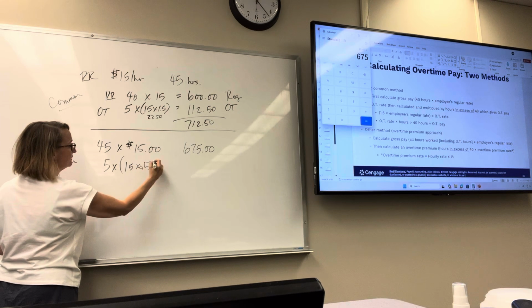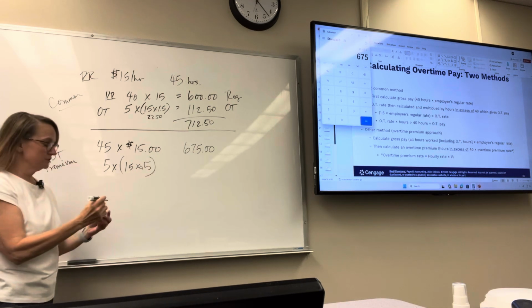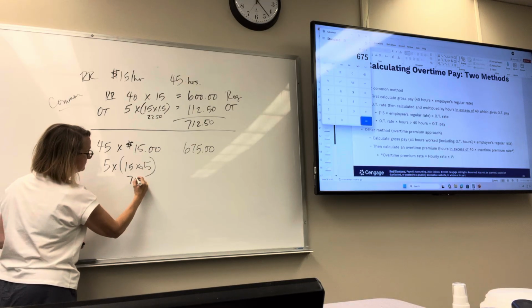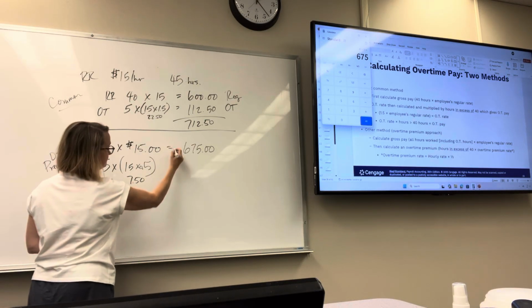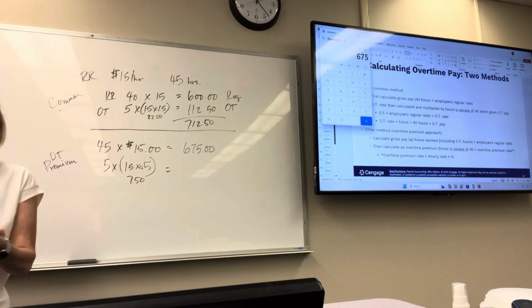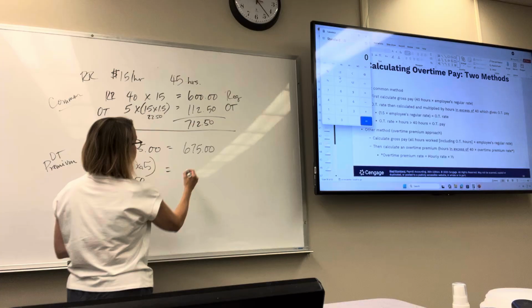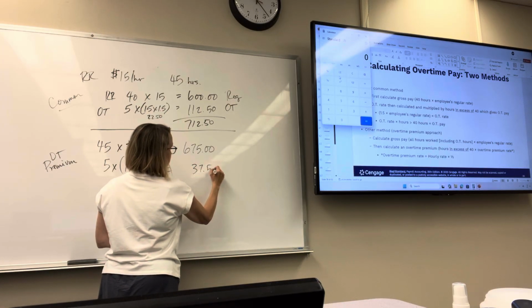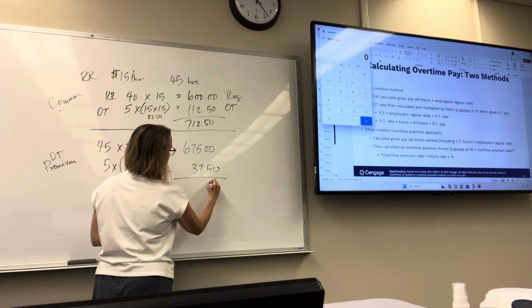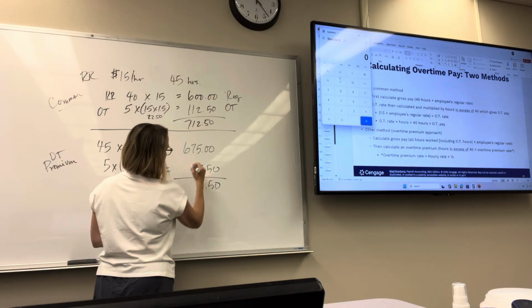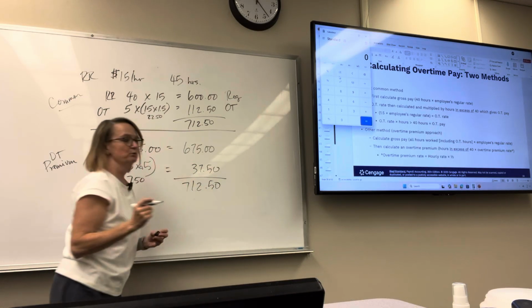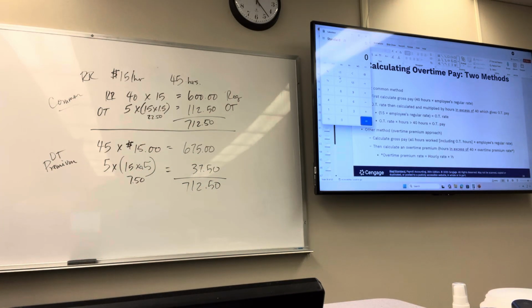So that's 75, which is 37.50. Add those two together, 712.50. Same result.